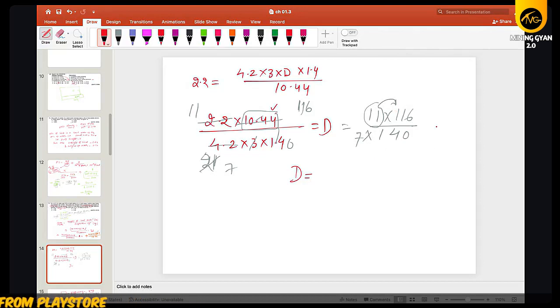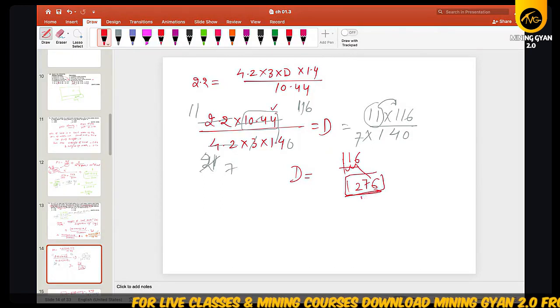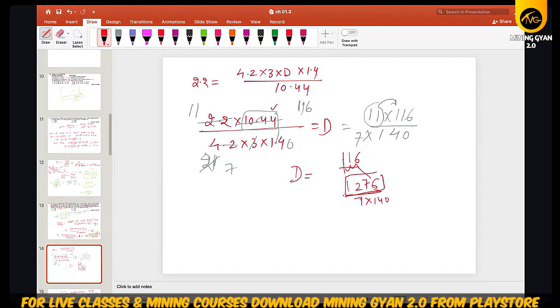So I told you how to multiply 116 with 11. So 6, add this one 7, add this one 2, and this will be 1276, divided by 7 divided by 140. It will come like this.